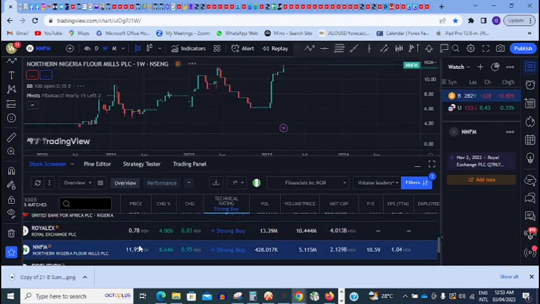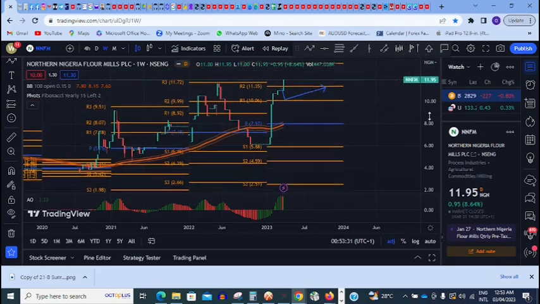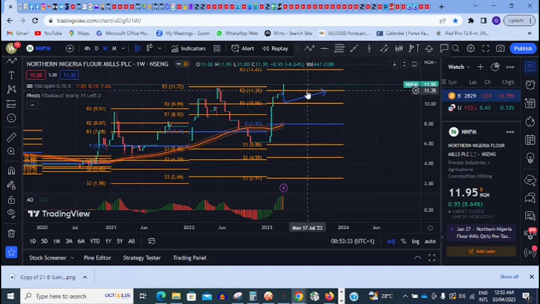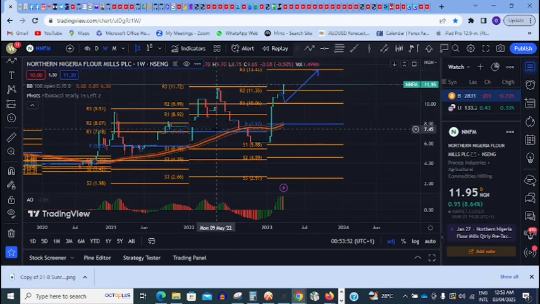NNFM. Okay, for this one, the market did not pull back, and we have already broken the R2 level, currently at the previous R3, which is a resistance. Most likely the market might go higher. That's a possibility. It didn't come for a support, but it broke the resistance. So let me draw another path for that.